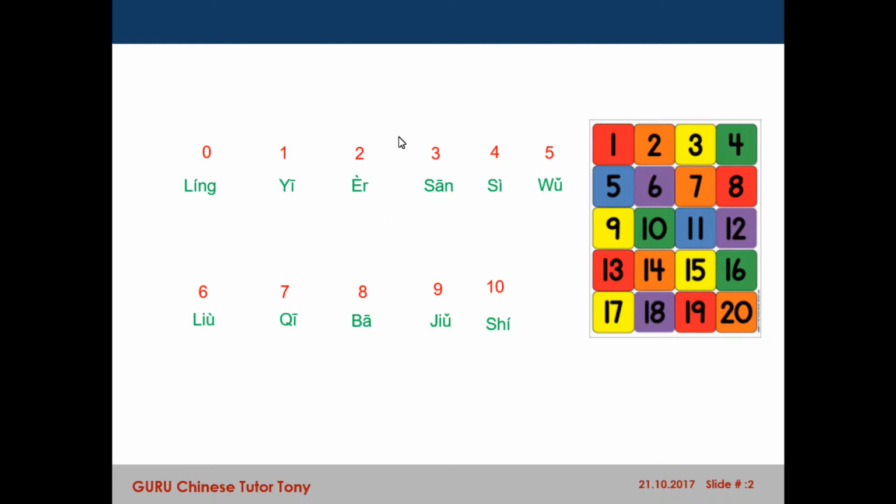That means 2. Then 三. That is 3. Then 四. Be careful, that is a stress, so it's the fourth tone. 四. And then 5 is 五.